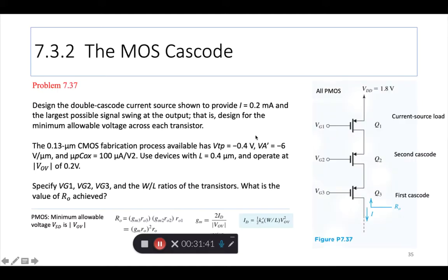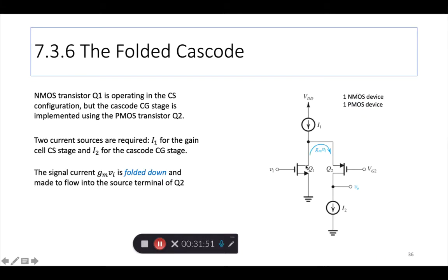Previously, for example here, you just have one current source load, because one current is created and it flows through all the transistors, including the cascode transistors. The problem here is the PMOS needs its own current source load, while the gain cell needs its own current source load.